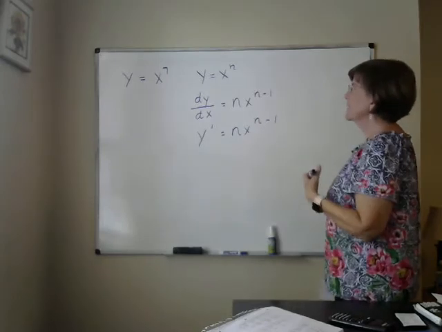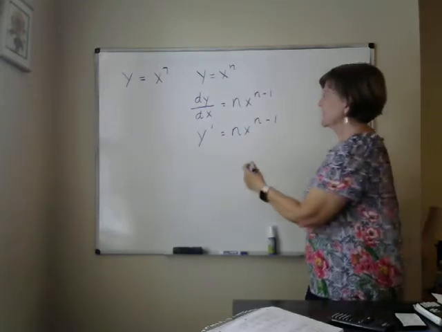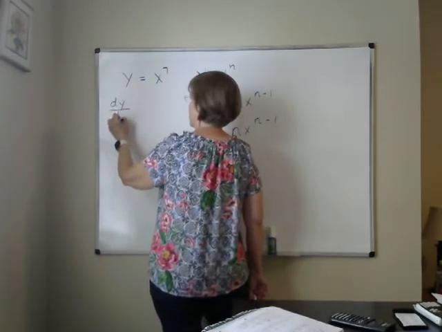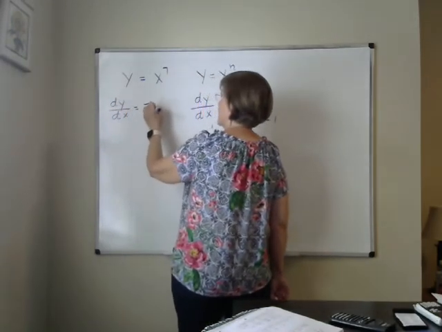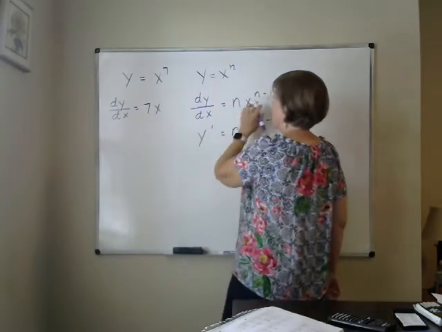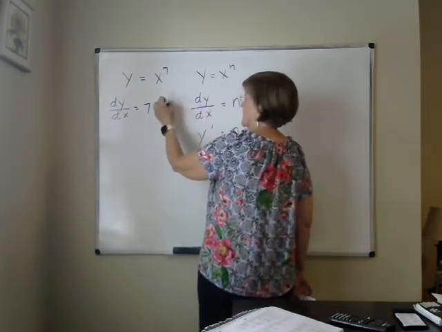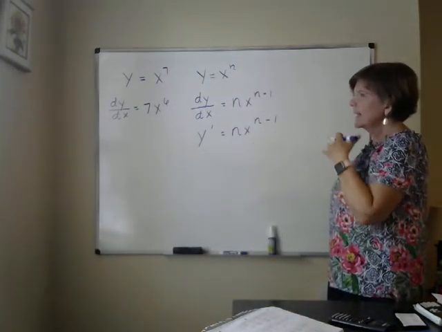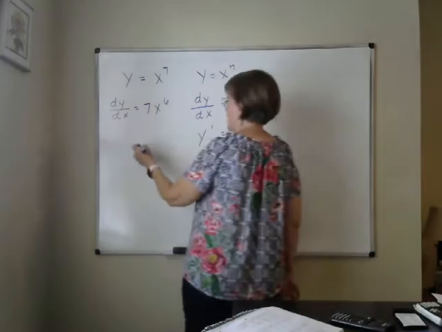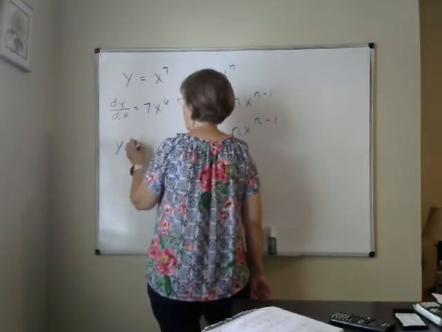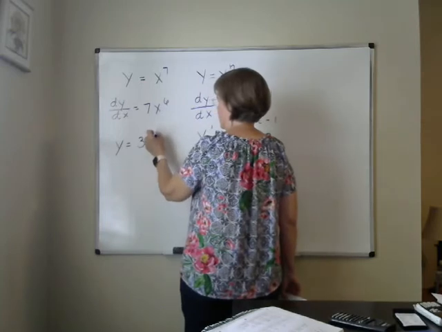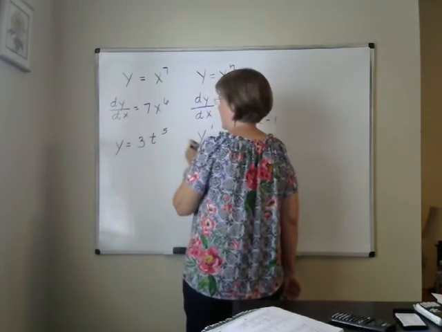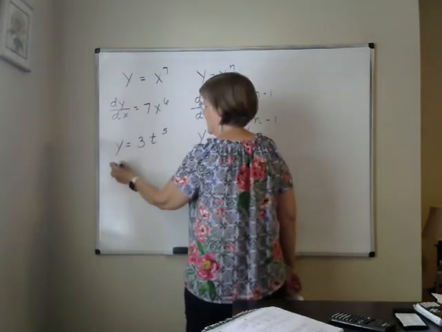So in our example here, if y is equal to x to the 7th, then the derivative will be 7 times x to the n minus 1, to the 6th power. If we put a constant out in front, suppose I have y equals 3t to the 5th, the constant just multiplies.